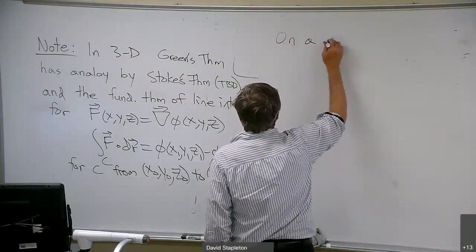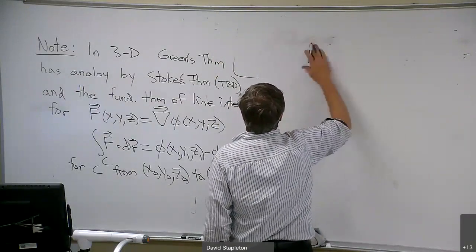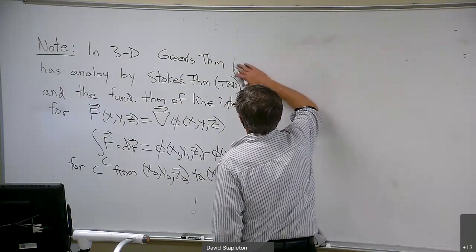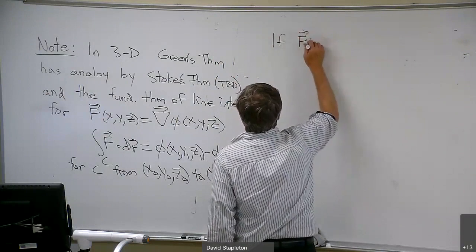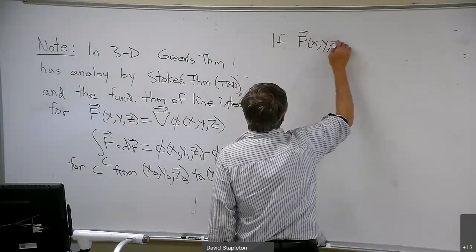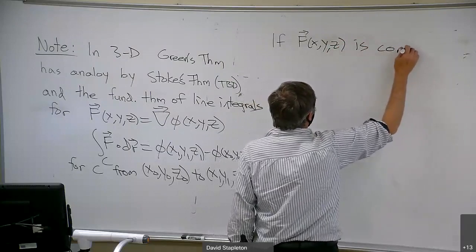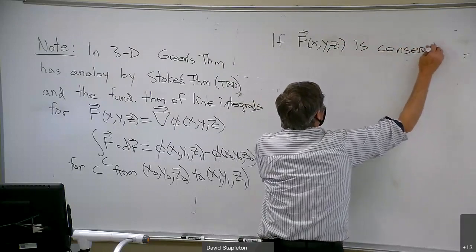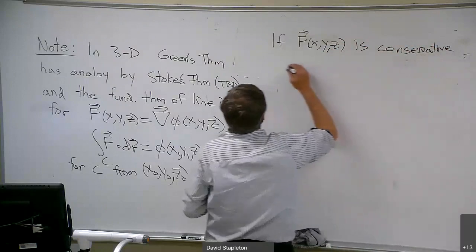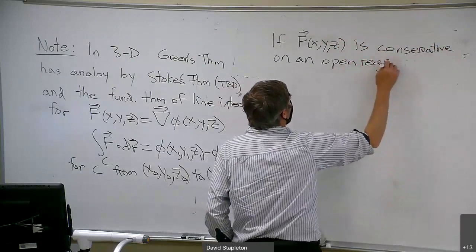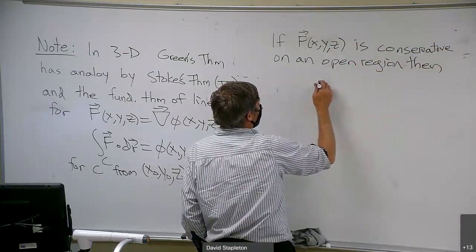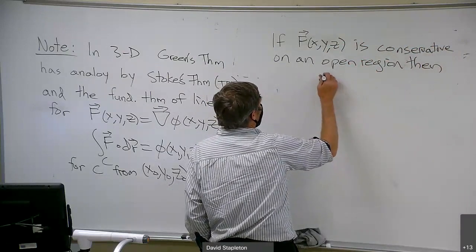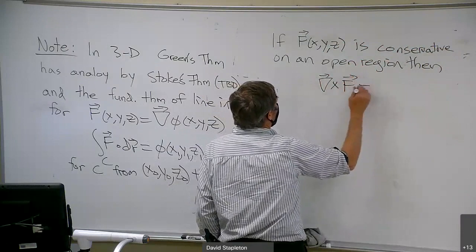But a different test. It works like this. If F, a function of 3 variables in 3 space, is conservative, then you extend what we had before, and it turns out that the curl F equals 0.